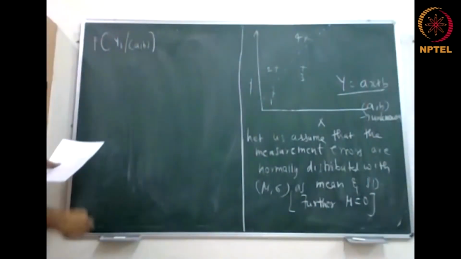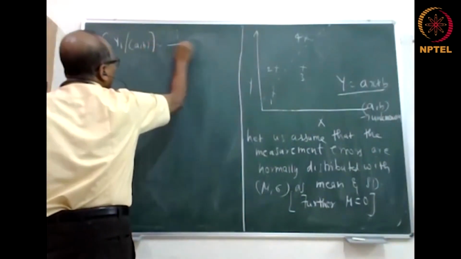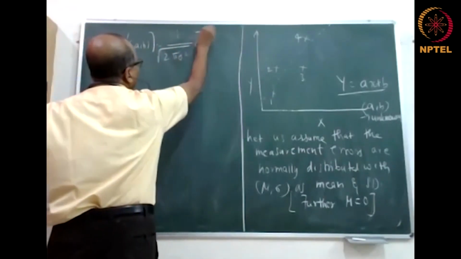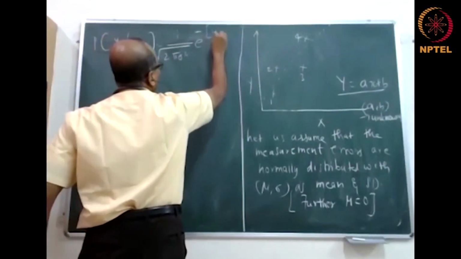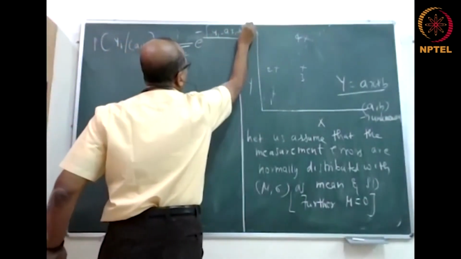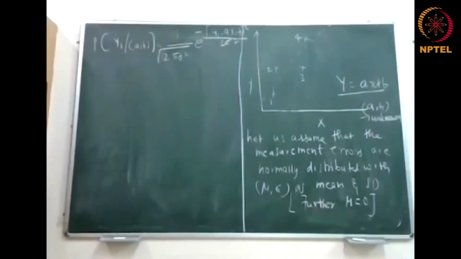So the probability of getting y1 given a, b is 1 by root of 2 pi sigma square, e to the power of minus (y1 minus (a x1 plus b)) whole square by 2 sigma square. Is it okay?